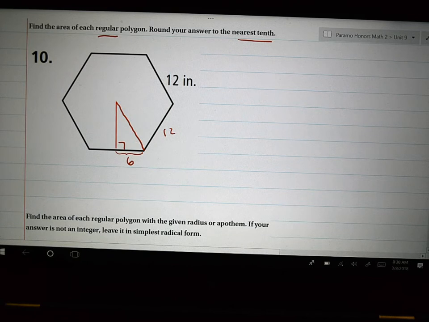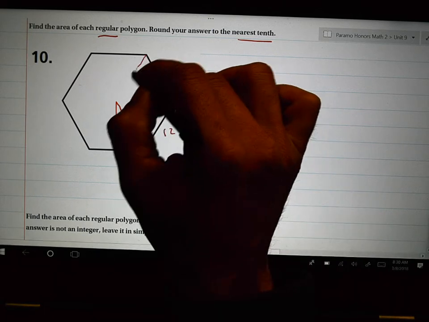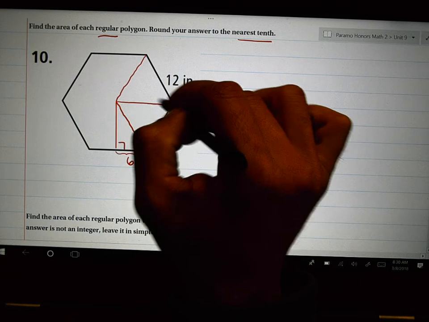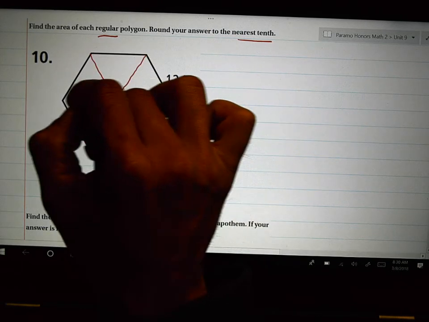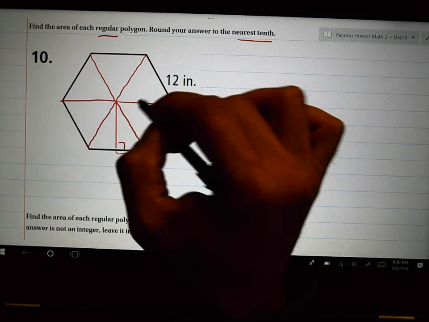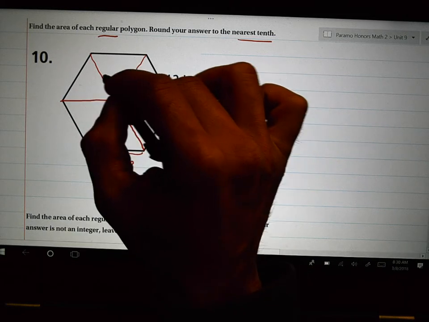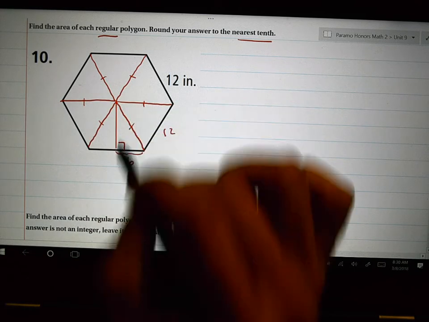Now it's a hexagon. Here's what you need to know about a hexagon. Every single radius, if I draw that hexagon, this is the same as this is the same as this is the same as this.